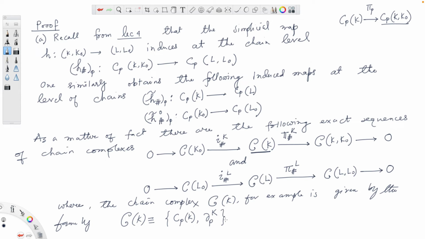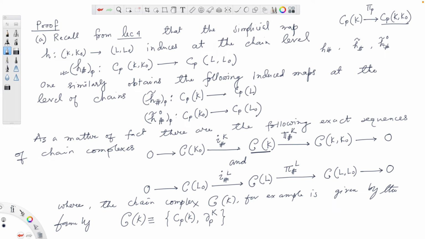Now we have the following. Besides, these are chain maps: H hash, H tilde hash, and H tilde 0 hash are all chain maps.